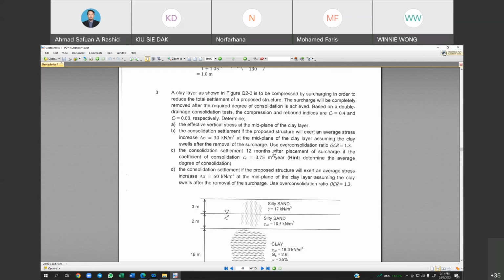Use over consolidation ratio OCR 1.3. Let me sketch what the steps are during this construction stage.